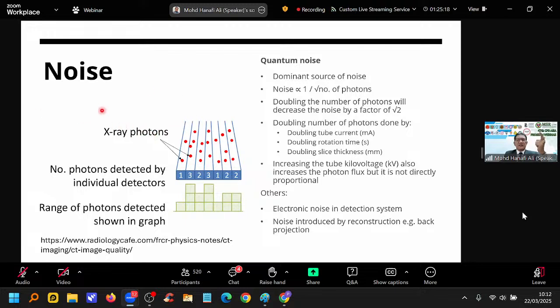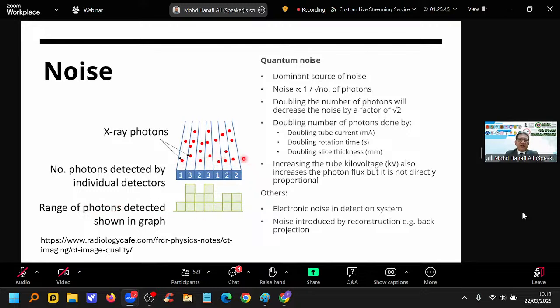Noise, of course, is something that exists everywhere. And we can say that if we have fewer photons than we need to penetrate the matter, then quantum noise will appear.